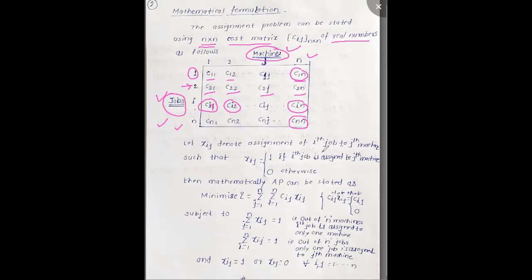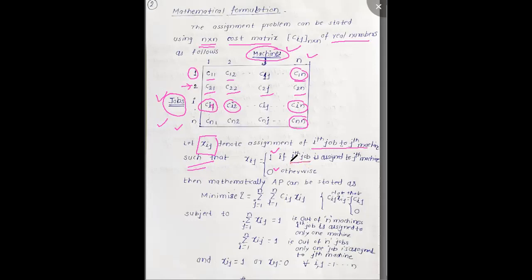Now we require a variable. So let xij, this is a variable in the problem, because without a variable we cannot formulate the problem. So xij denotes assignment of ith job to jth machine, such that xij takes only two values, 1 and 0.